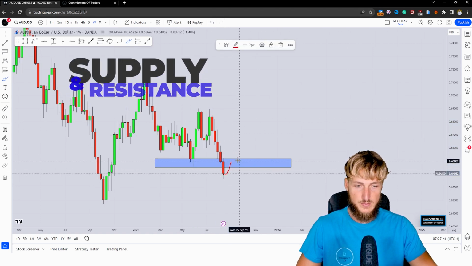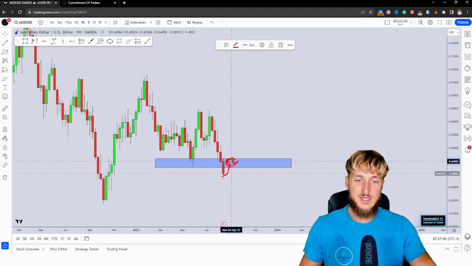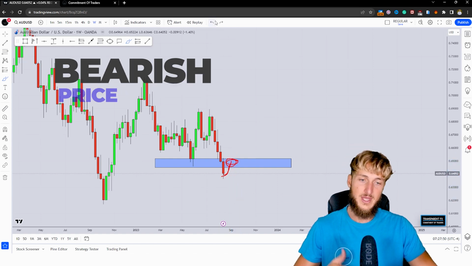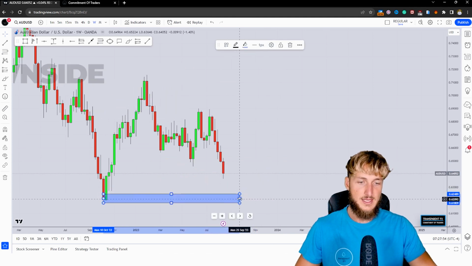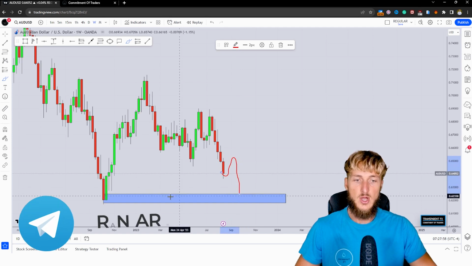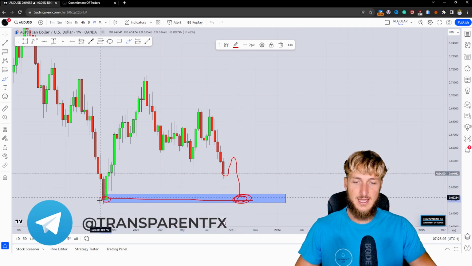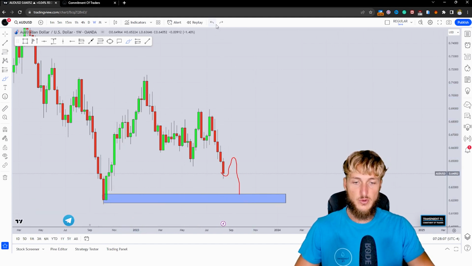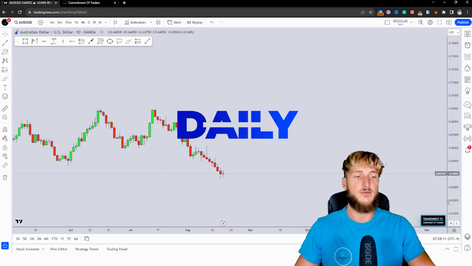So what we could expect here is a move to the upside, a retest of this previous support and resistance, and then for this market to potentially continue lower. The next downside target, by looking left, would be exactly this low. So what we could expect is a minor correction and then more bearish continuation for the market to reach this downside target exactly at this previous level of demand and support from which all this move to the upside got developed.